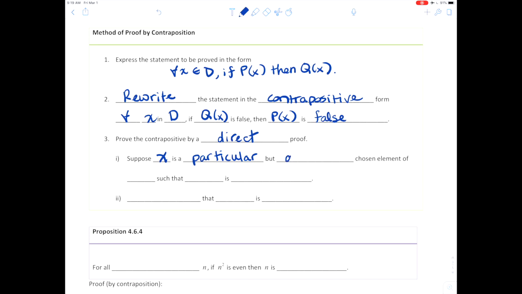So, a particular but arbitrarily chosen element of D, such that Q of x is false. And then the next step is you need to show, given that Q of x is false, that P of x is also false. And that proves the original statement.